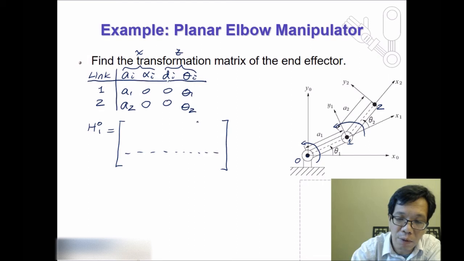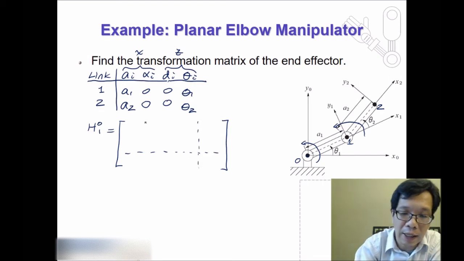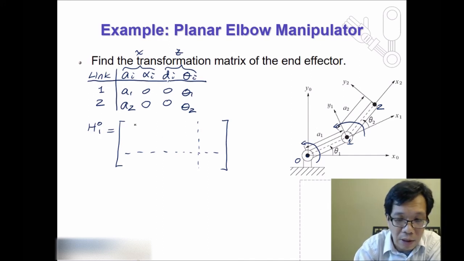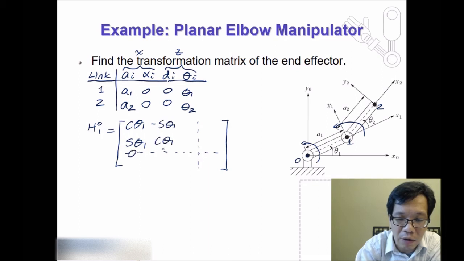So the first one is going to be rotation about the z axis. So it's going to be cosine theta 1, sine theta 1, negative sine theta 1, cosine theta 1, and 0, 0, 1, 0, 0.